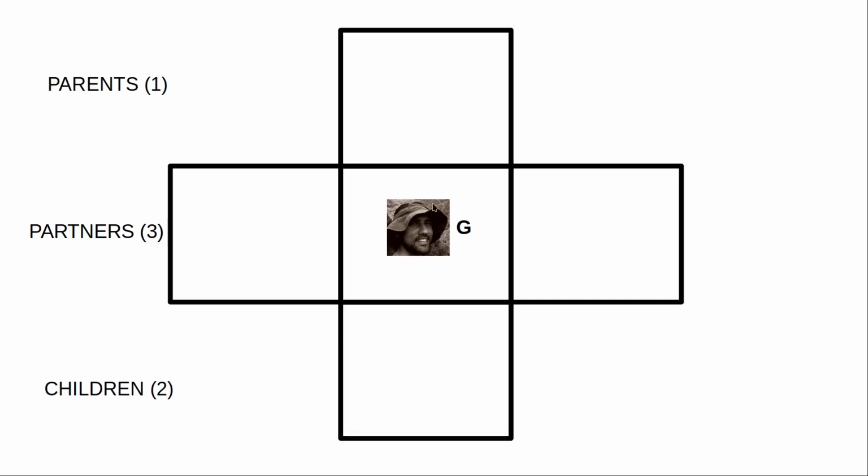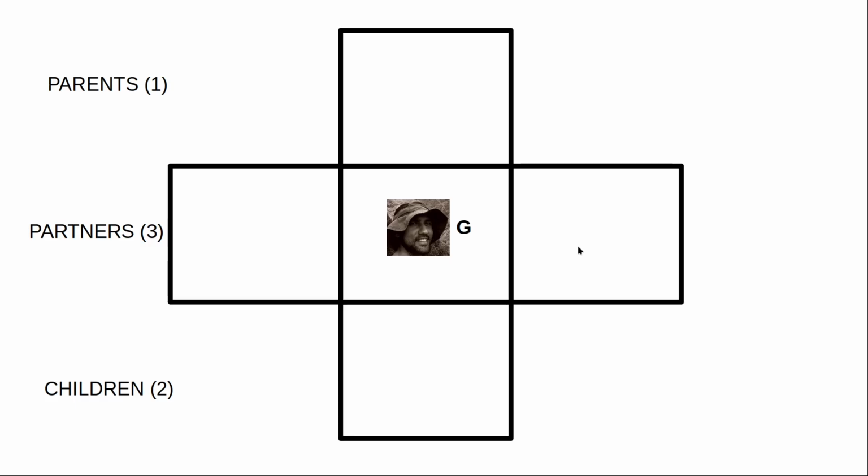If we assume that this is a node in a graph, then it has a top, a bottom, a left and a right, so we can connect this node to other nodes in our grid. The idea is that all the parents will be connected above, the children will be connected below, and the partners will be connected on the right.